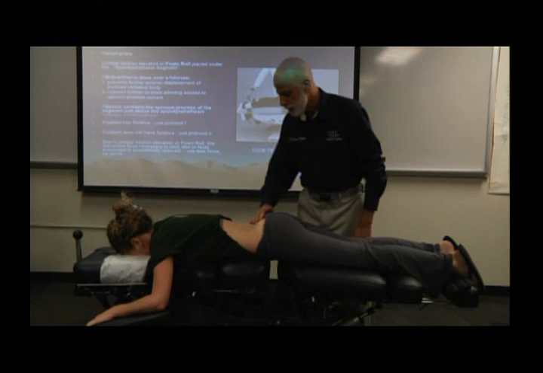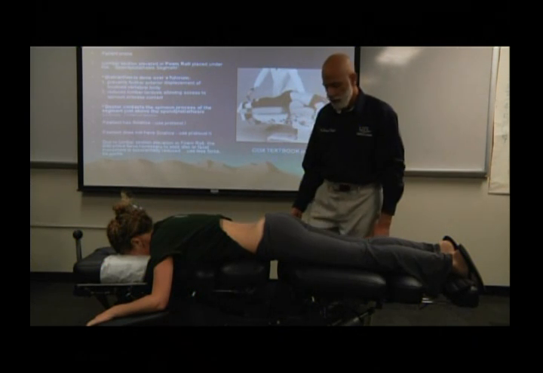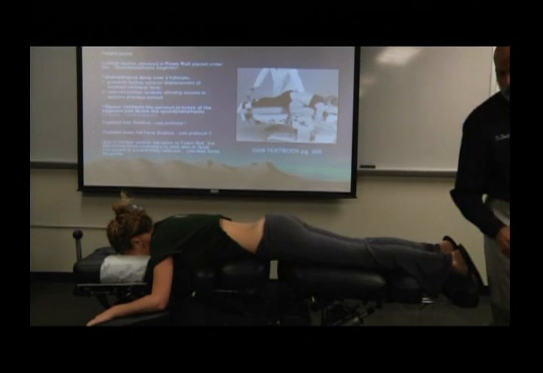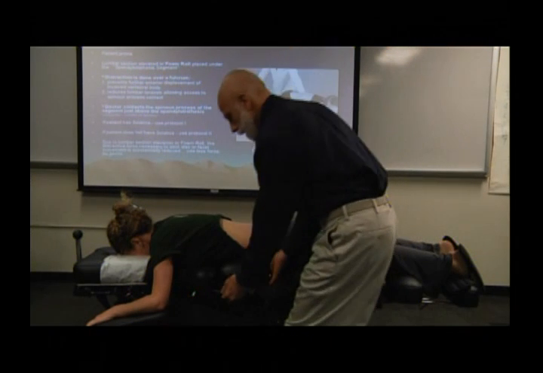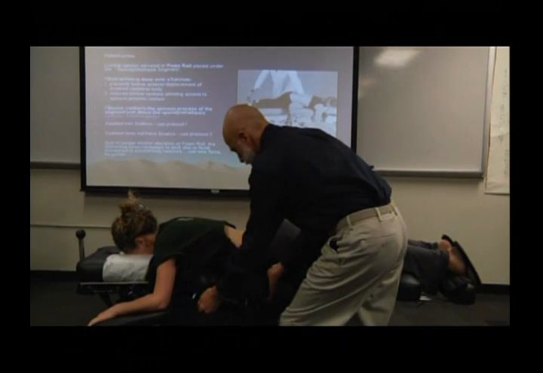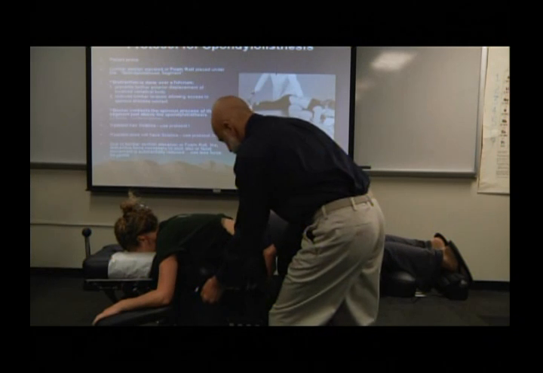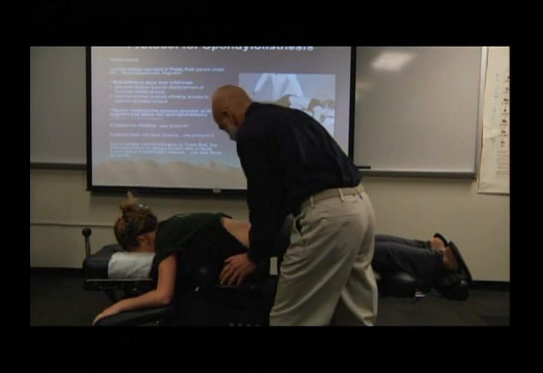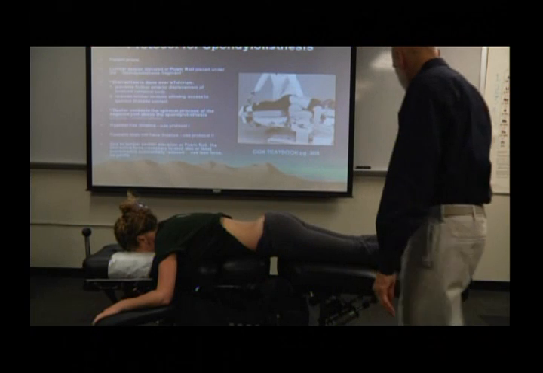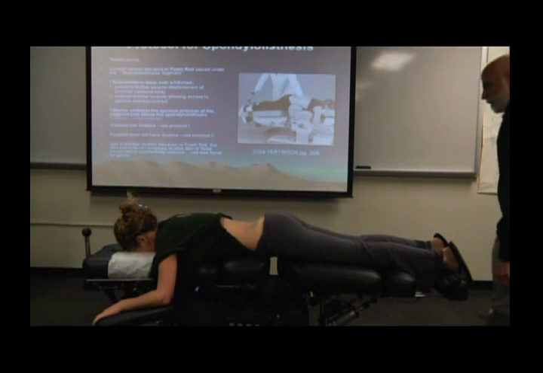And then you can also see that the lordosis has been reduced. You can see if we drop this, you'll see how the lordosis forms again, and that would be very difficult. That reduces it significantly right there, and that's going to allow us to get a good contact.